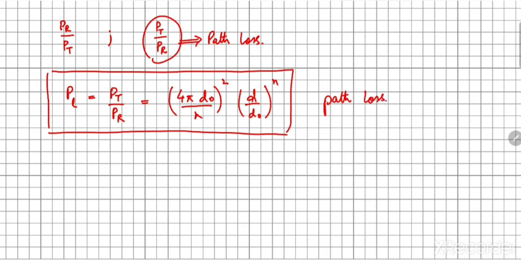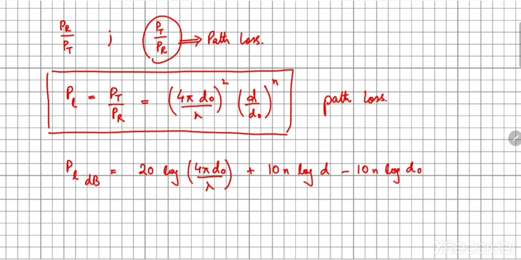This can also be expressed in the units of dBs. So PL in the units of dB will be equal to 20 log of 4 pi d naught by lambda plus 10n log of d minus 10n log of d naught.